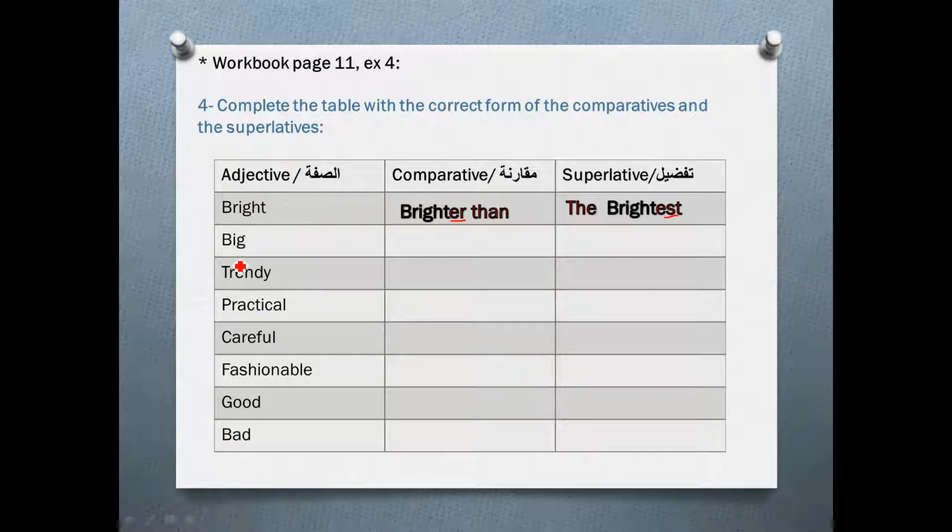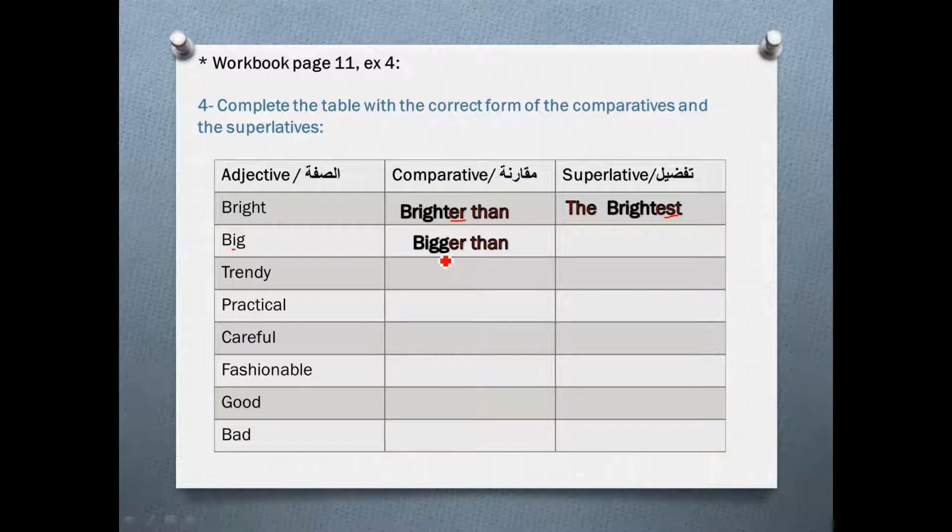Now we have the word big, but before we change it you have to take a look at this one. دائما ننظر إلى الحرف قبل الأخير. إذا كان حرف علة فعلى الأغلب سوف نقوم بمضاعفة هذا الحرف الأخير. Okay, so إذا كان هذا الحرف قبل الأخير حرف علة A, I, O, U and E نقوم بمضاعفة الحرف الأخير فتصبح الكلمة bigger than.